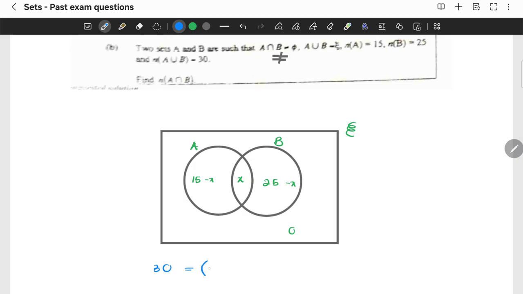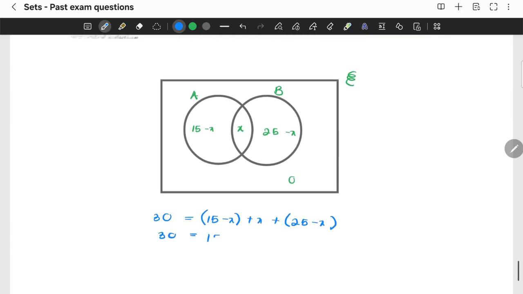is equal to 15 minus X, which is A only, plus X, A intersection B, plus 25 minus X, which is B only. And 30 will be equal to 15 minus X plus 25 minus X, such that 30 is equal to 15 plus 25, that is 40 minus X, because minus X plus X is 0, and we're left with minus X. Making X the subject, X is equal to 40 minus 30, X is equal to 10.